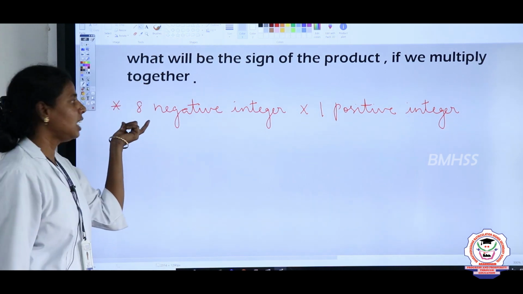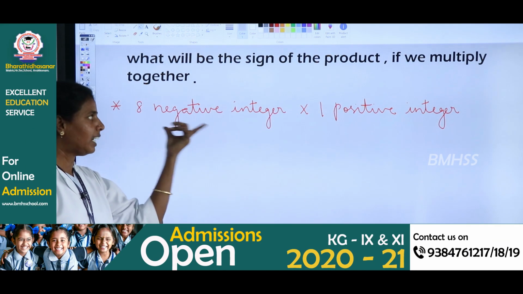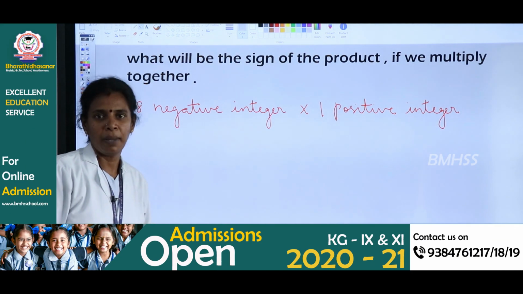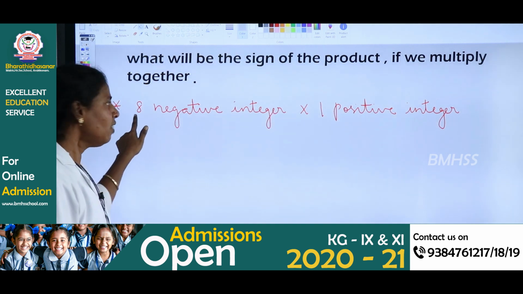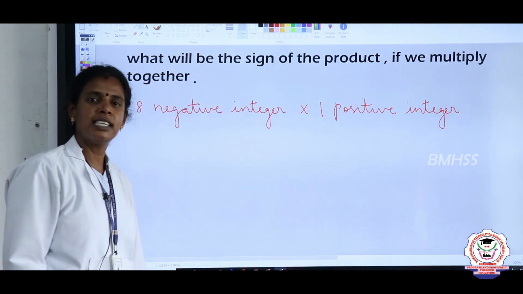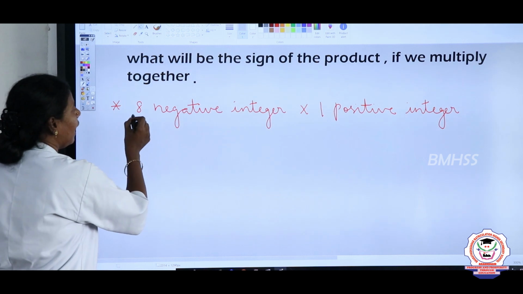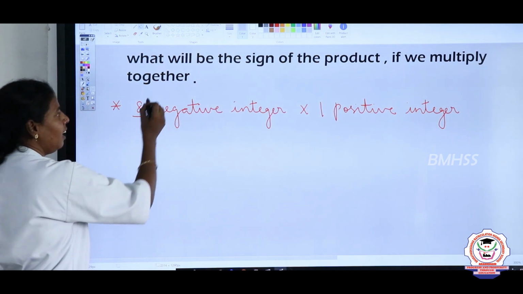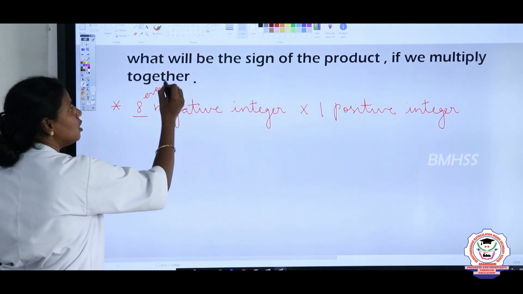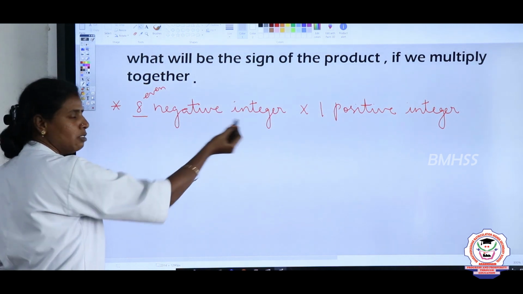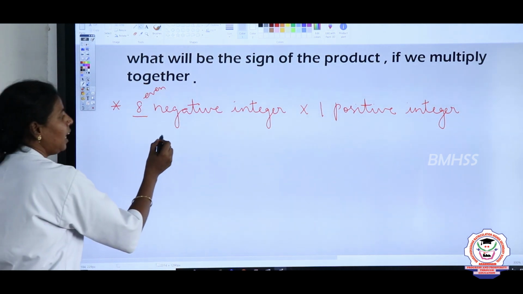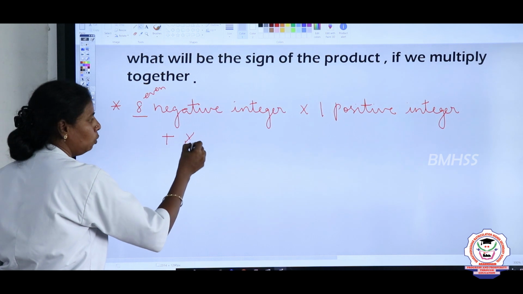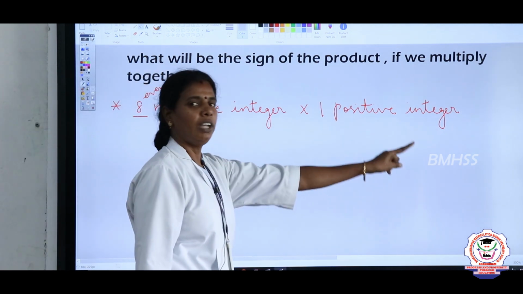See, already we have seen, when an odd number of negative signs are there, the answer will be negative. When an even number of negative signs are there, the answer will be positive. Here 8 negative signs, 8 is an even number, right? So when the negative sign is there an even number of times, the answer will be positive, into one positive integer.